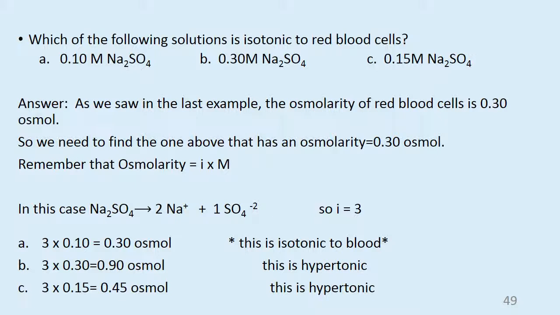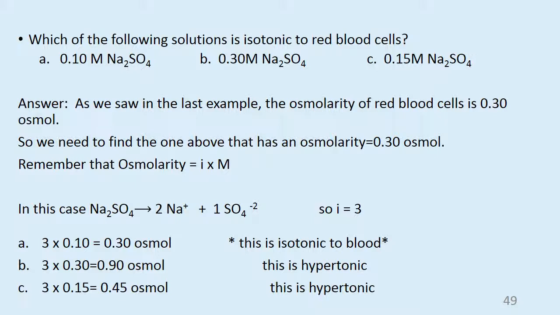So let's look at these solutions and figure out which of these is also isotonic to red blood cells. Osmolarity depends on the number of particles that the molecule breaks apart into. So what we need to do is find the osmolarity of these solutions up above. In A, they're all Na2SO4.